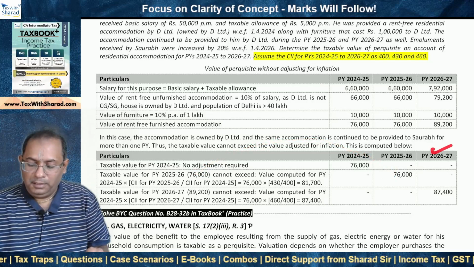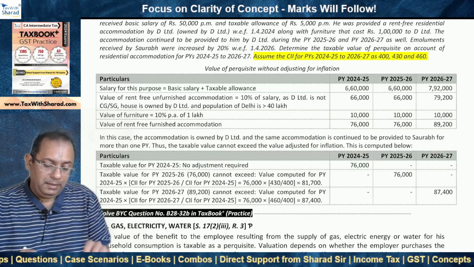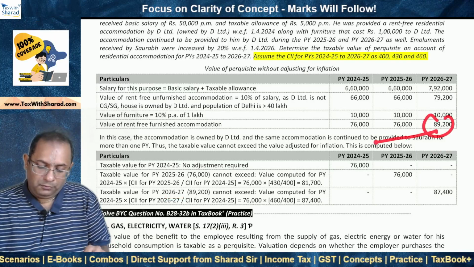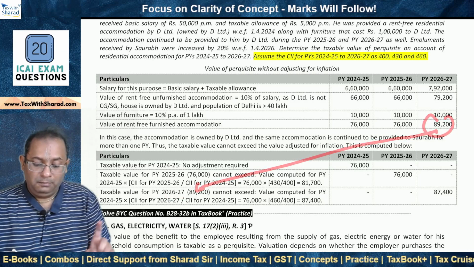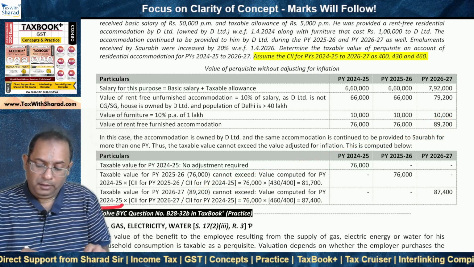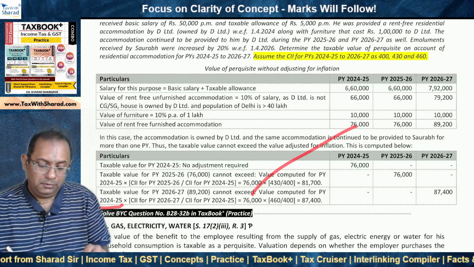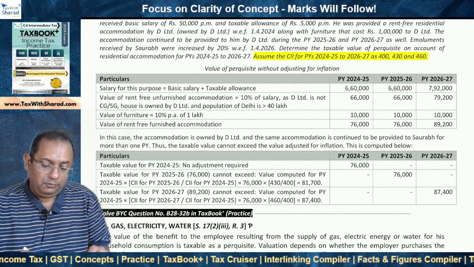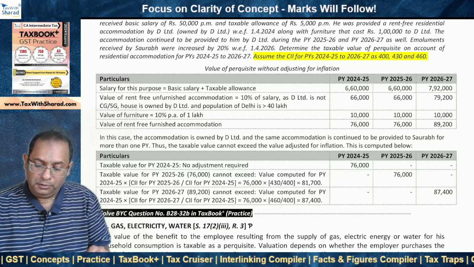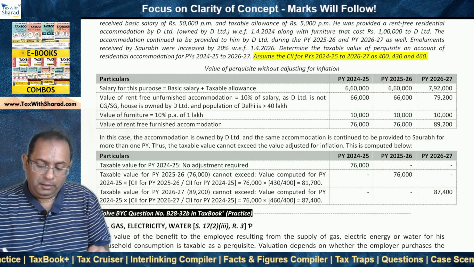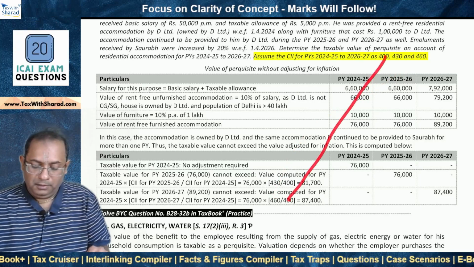Now let's look at previous year 26-27. Similarly, taxable value for previous year 26-27. This is what we computed as per the normal computation. But this cannot exceed what? Value computed for previous year 24-25, which is 76,000 multiplied by the ratio: CII for previous year 26-27, which is 460 as per the question, divided by CII for previous year 24-25, which is 400 as per the question.